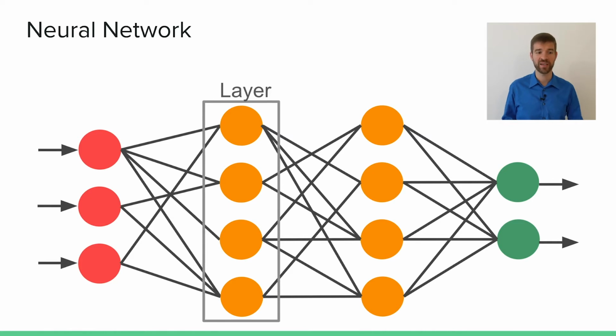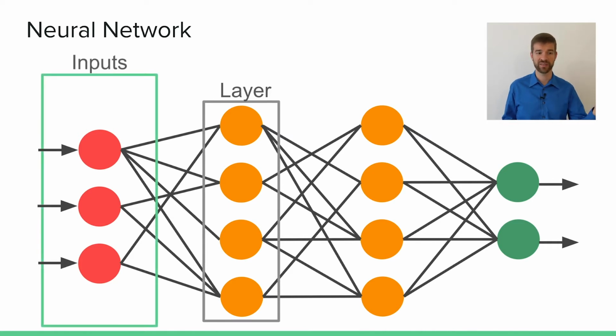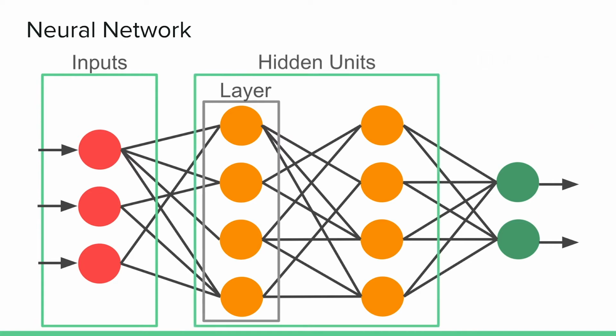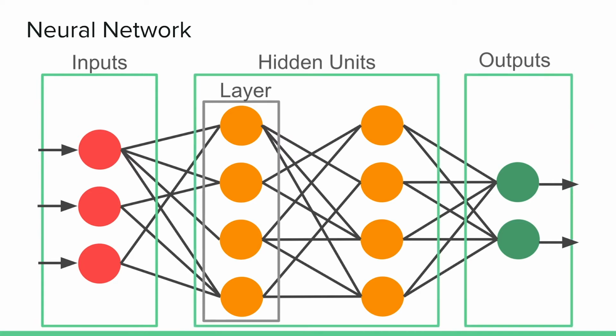So in this case, we have one layer that takes some inputs, so those are our input neurons. Then we have a second layer, and then at the end we have the output. And those layers in between the input and the output are what we usually call the hidden units.